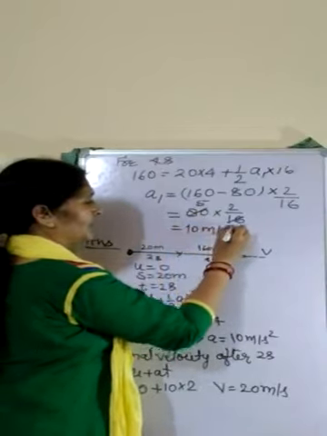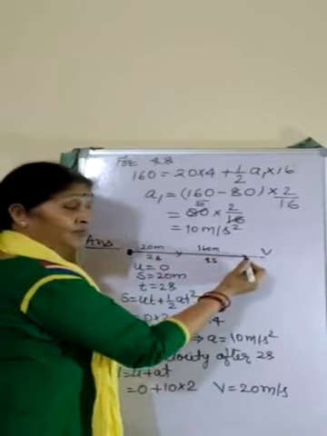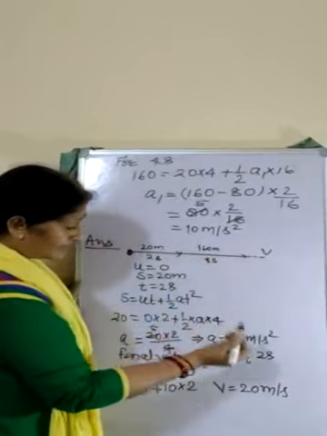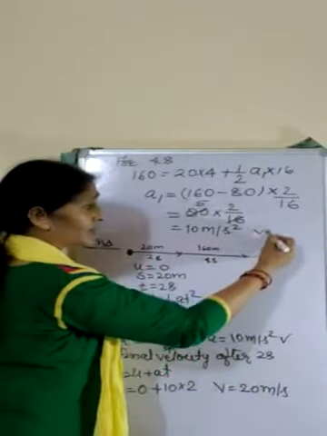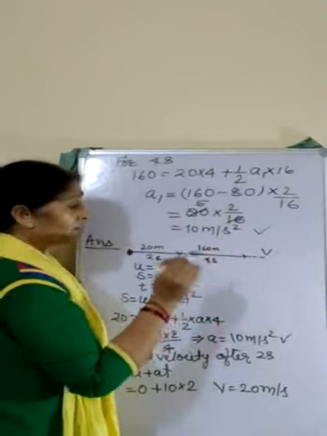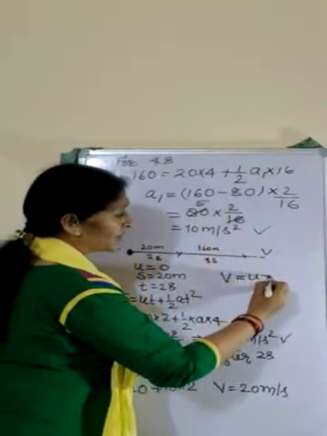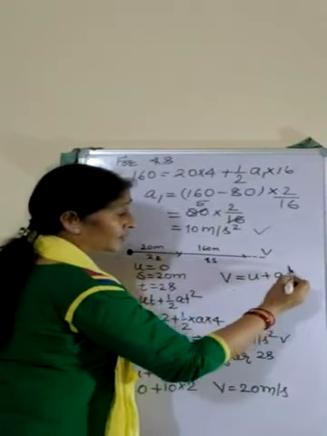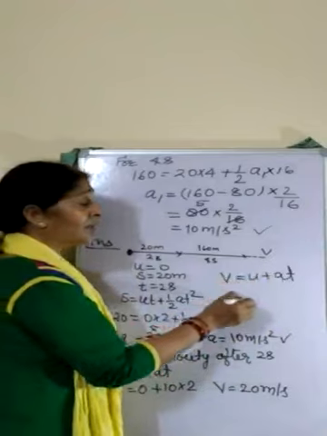Now what we observe, from the starting point to the end of the 4 seconds, the acceleration is the same. This is 10 meter per second square, and here also 10 meter per second square. So we can use the simple formula v is equal to u plus at, because we can only use this formula when the acceleration is constant.